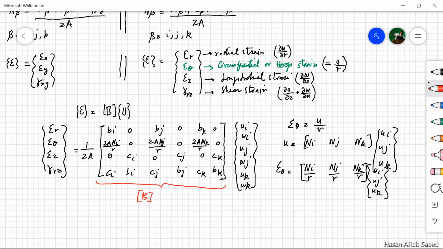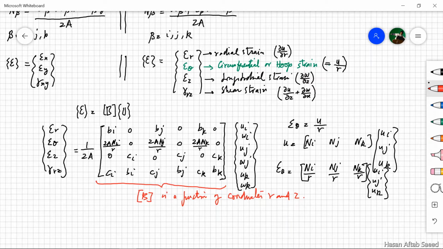Now B matrix is a function of the coordinates r and z. This is again something unfamiliar for us. The first, third, and the fourth row, they are constants like before.